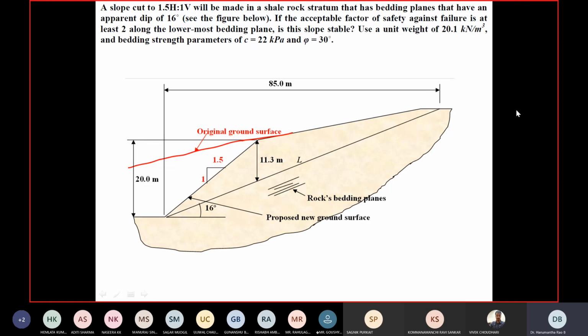So let us try to solve with a mass procedure where I know the geometry of the given slope. The whole horizontal length of the slope is 85 meter. The embankment height is 20 meter, and the maximum vertical distance of the given slope is 11.3 meters.